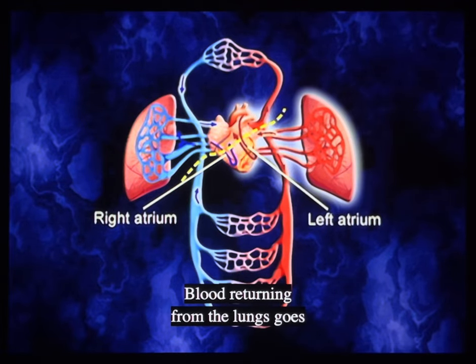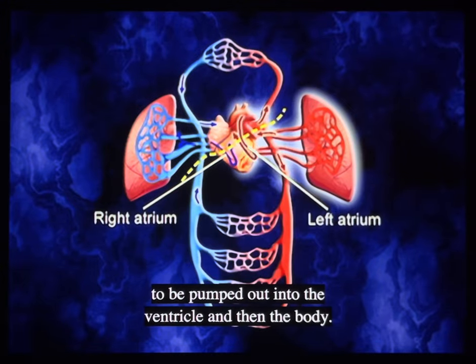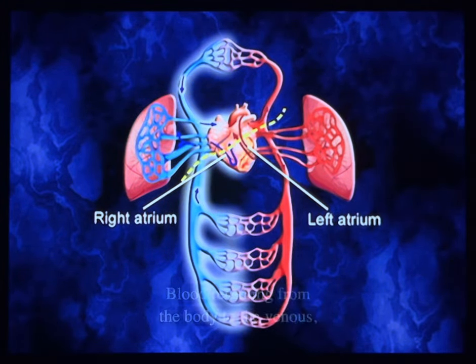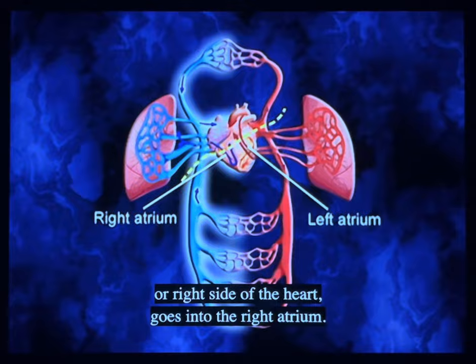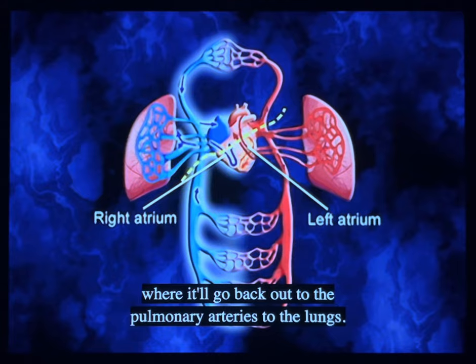Blood returning from the lungs goes to the left atrium, where it waits to be pumped out into the ventricle and then the body. Blood returning from the body to the venous or right side of the heart goes into the right atrium, and then it is pumped into the right ventricle, where it'll go back out through the pulmonary arteries to the lungs.